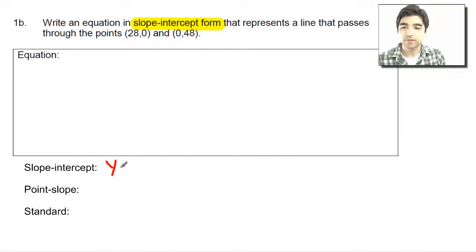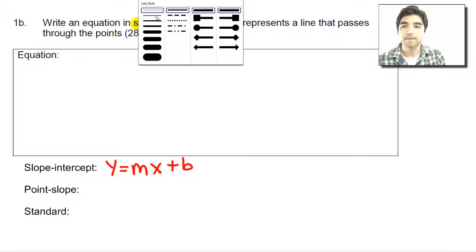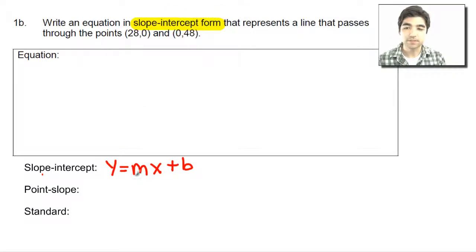Slope-intercept form is y equals mx plus b. There are also some other forms. There's the point-slope form, which is y minus y1 equals m times x minus x1.